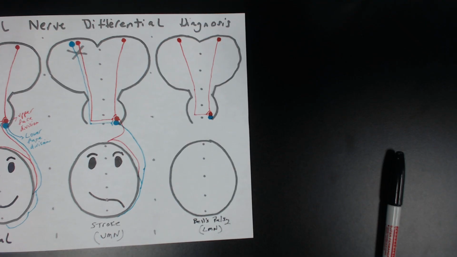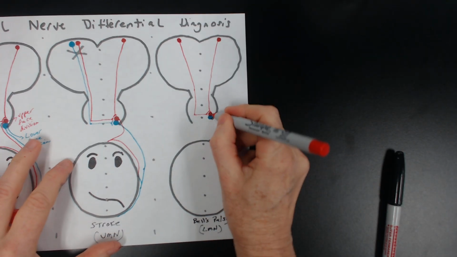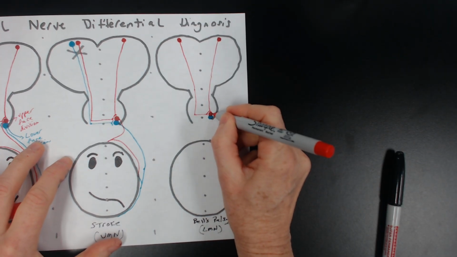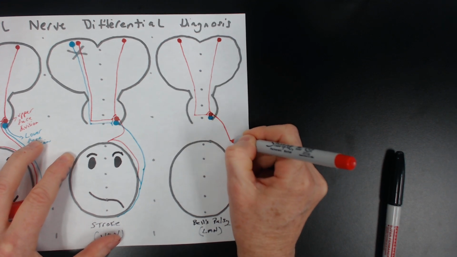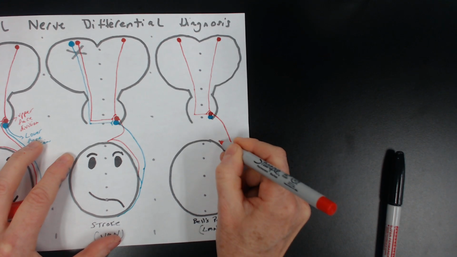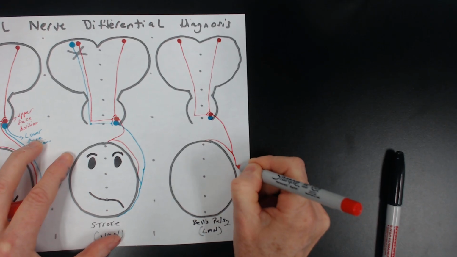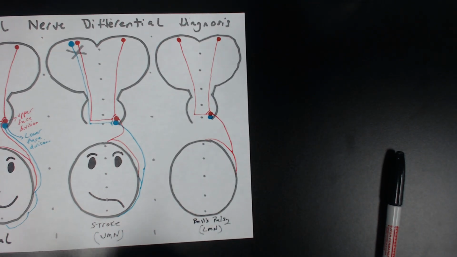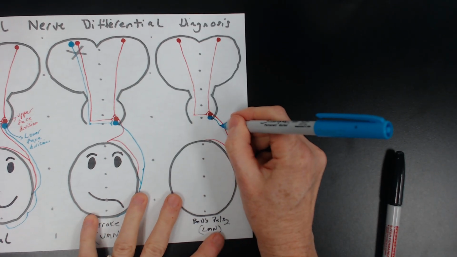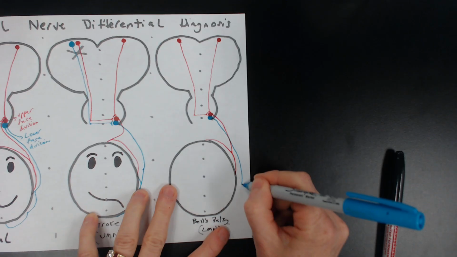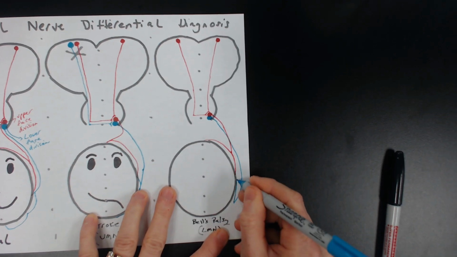Now this upper face division, the lower motor neuron exiting from the upper face division nucleus comes down and innervates the upper portion of the face here. And then the lower face division, the motor nucleus sends out axons that travel down and innervate the lower portion of the face, of the smile.